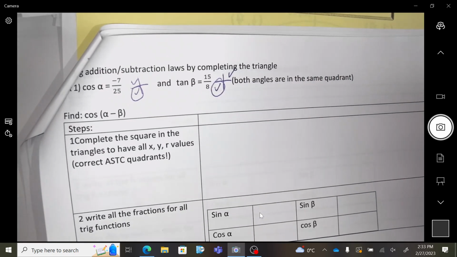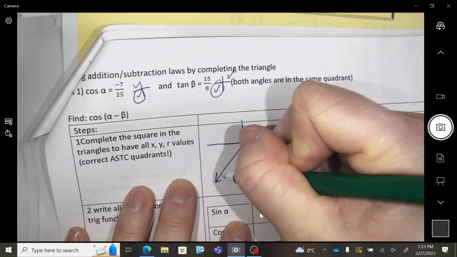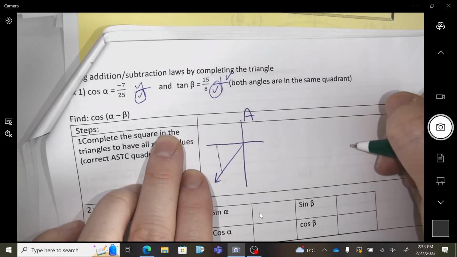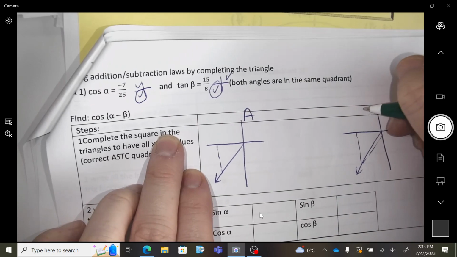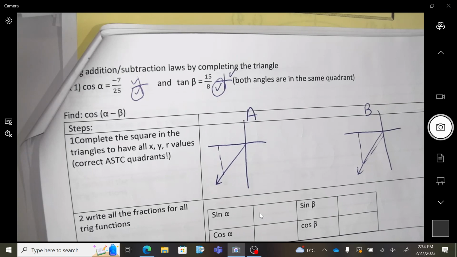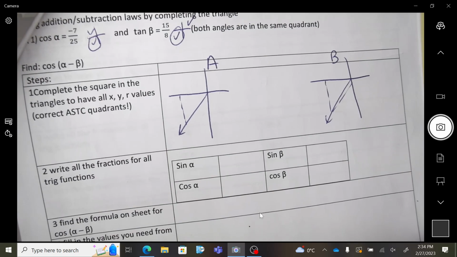For them to be in the same, they're both in 3. Okay, so this is what I know about A and B. They're both in quadrant 3.